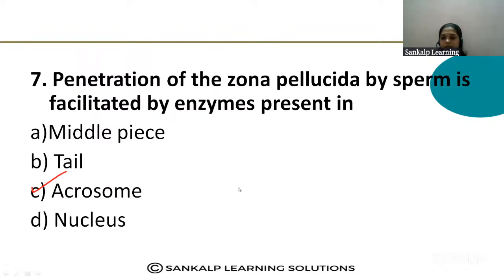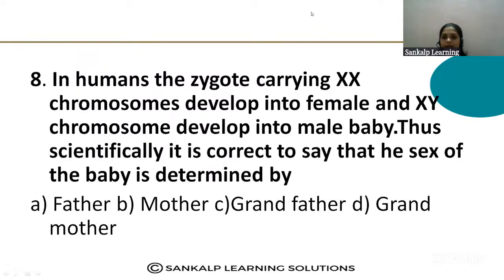Eighth question. Read the question properly. In humans, the zygote carrying XX chromosomes develops into female and XY chromosomes develops into male baby. Yes, the XX chromosome zygote will develop into female and the XY chromosome zygote will develop into male baby.